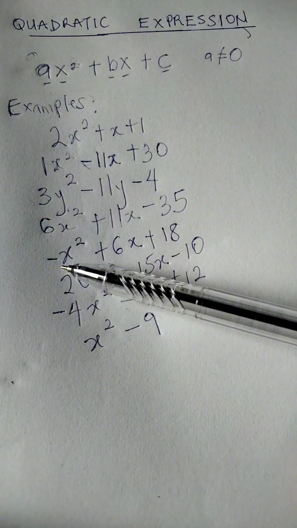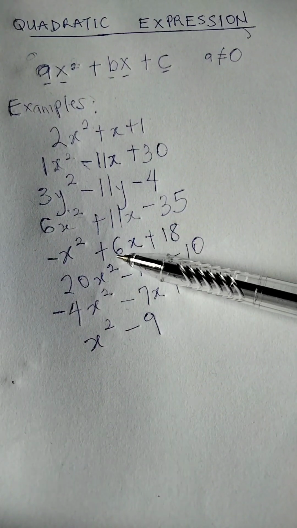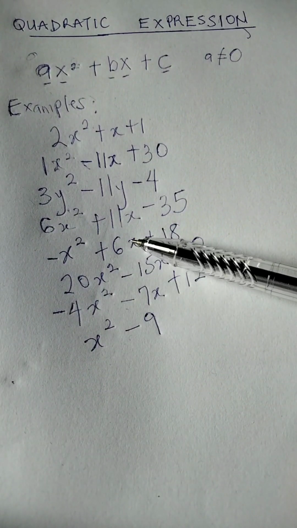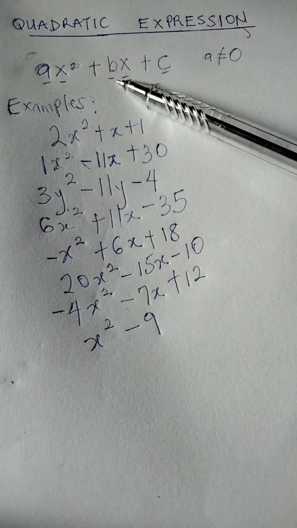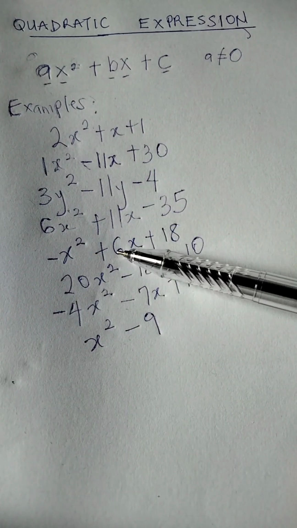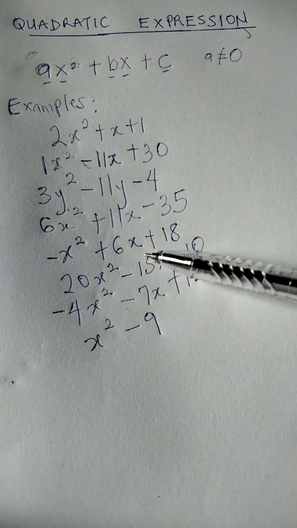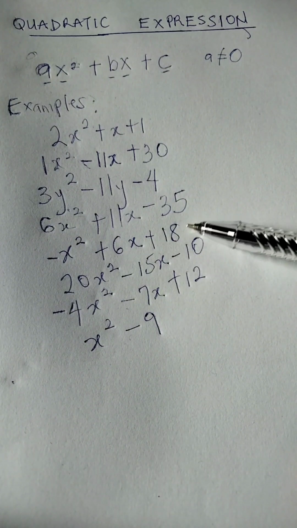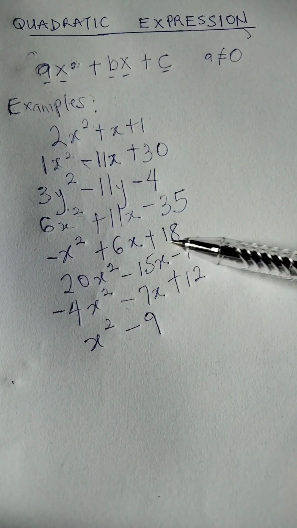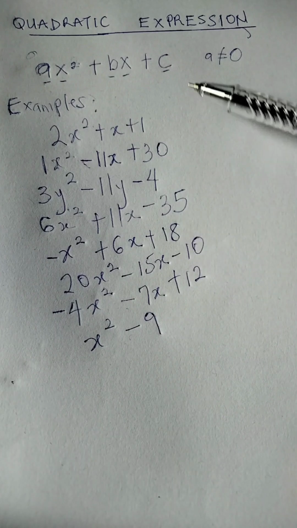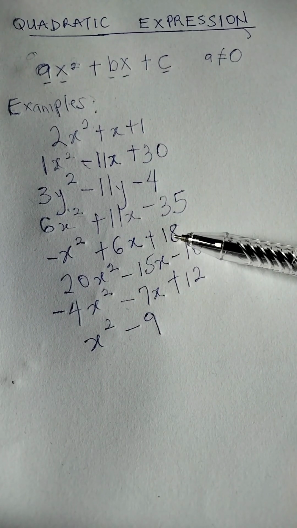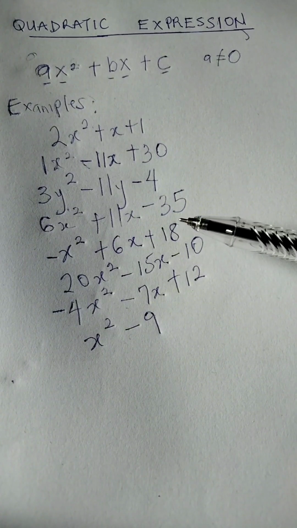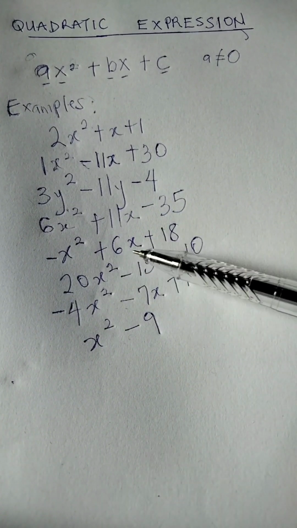So a here is minus 1, b here is plus 6. What is standing beside x? It is plus 6. What is here? The constant here without any x variable is plus 18. So we can say that c is plus 18. Now these are the various forms that we can have quadratic expressions.